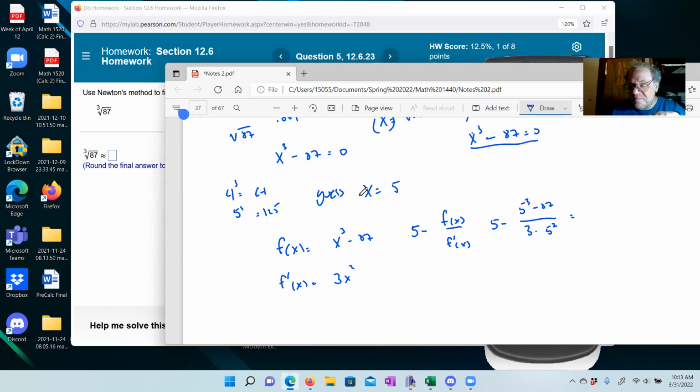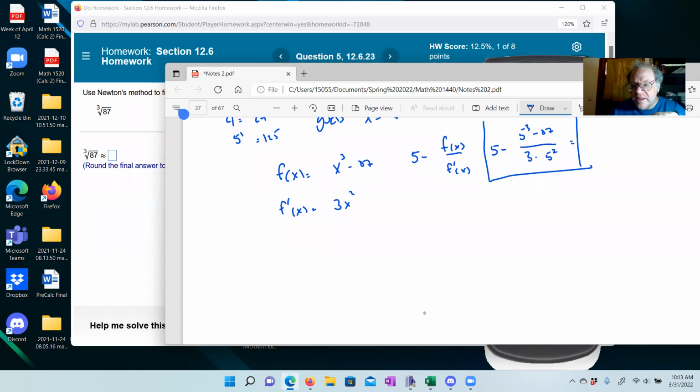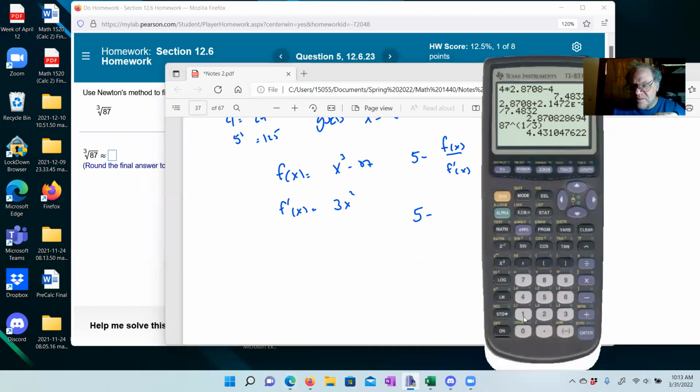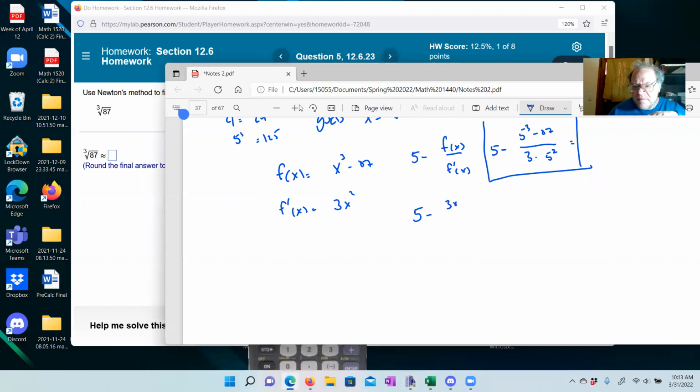What's that equal? This one's a little bit nicer to deal with because the numbers are not terrible yet. So this is going to be 5 minus, and 5 cubed is 125. 125 minus 87 is 38.